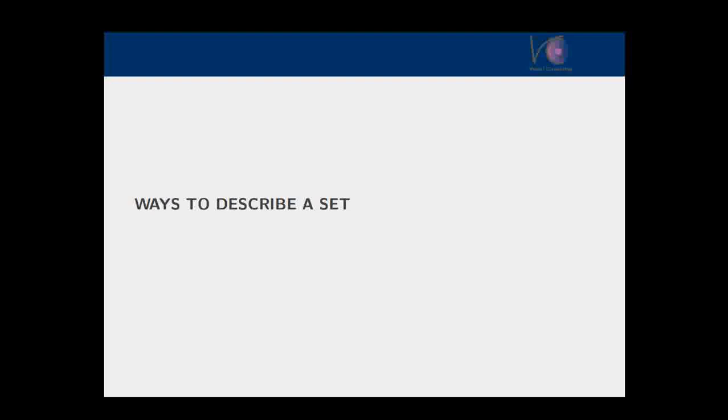The first one we can look at is the listing method, or the listing approach. This approach simply lists all the elements of the set, provided its elements are known explicitly.